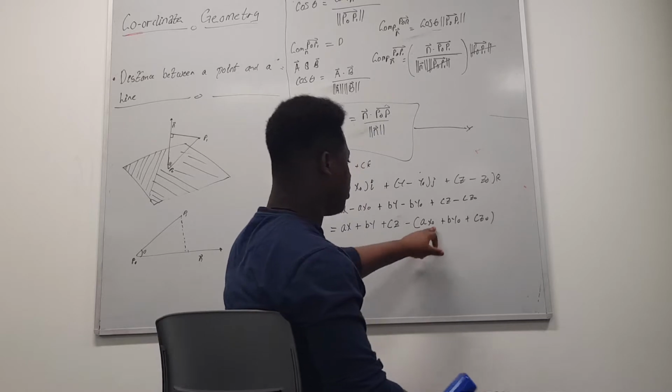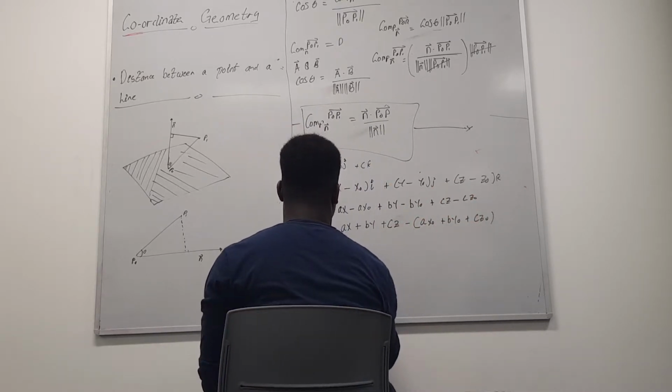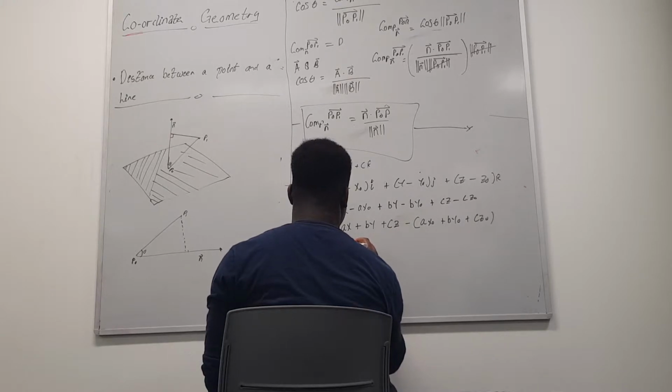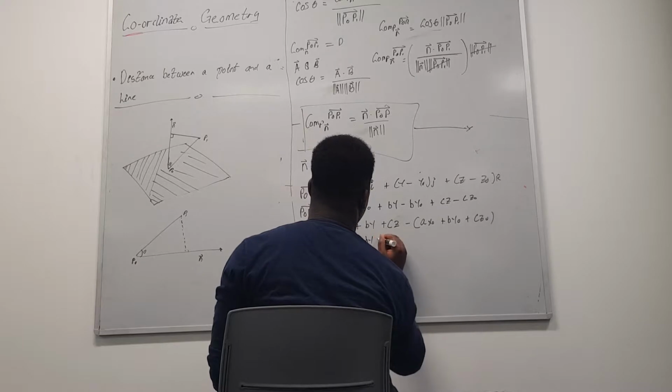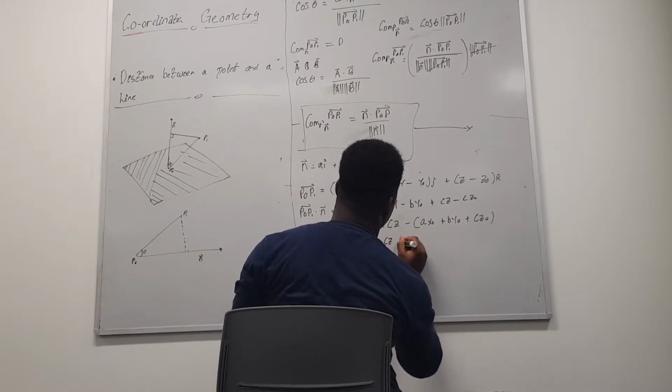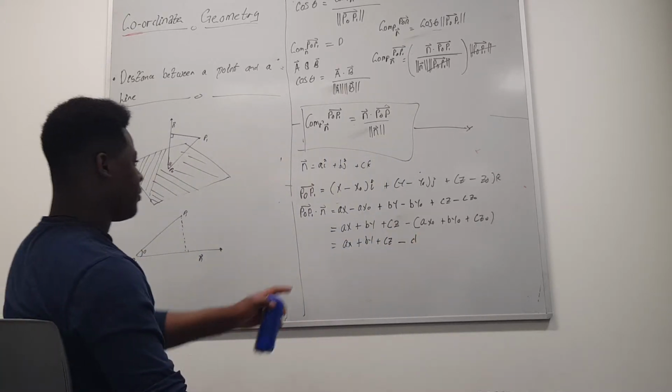Note that these are numbers multiplying numbers, so that's a constant. So this is equal to Ax plus By plus Cz minus a number, small d. Right, so that's that for that.